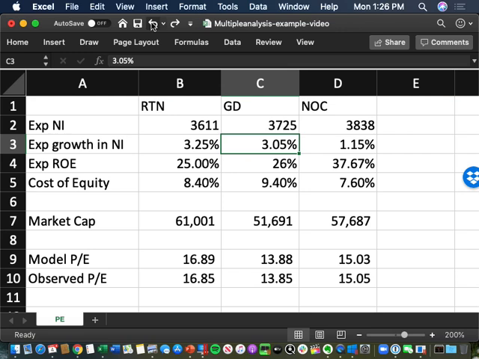If I discount a cash flow at 8.4% and I discount a cash flow at 9.4%, the cash flow I'm discounting at 9.4% is worth less. So even though General Dynamics and Raytheon have similar growth rates and similar spreads, the extra discounting at General Dynamics lowers that multiple. Watch what happens if this were 8.4.